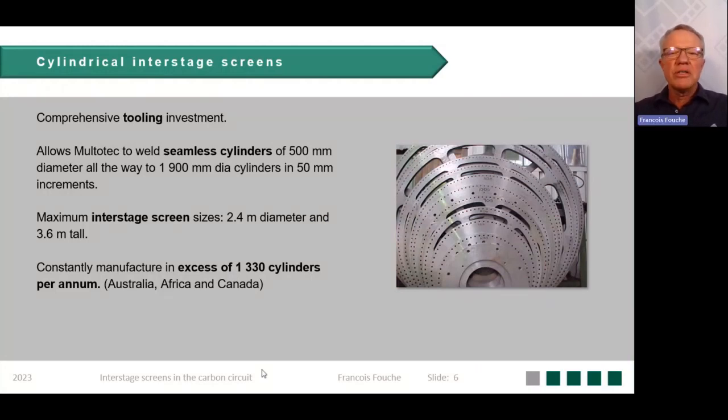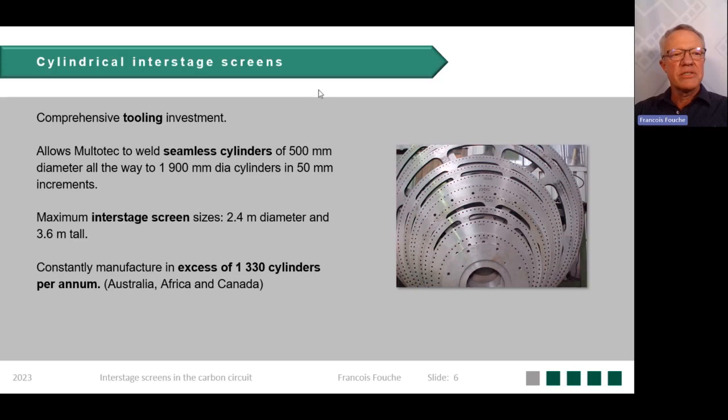In order to supply the market with a wide range of sizes, calls for a comprehensive investment in tooling. And we're able to weld these cylinders in sizes ranging from 0.5 meter diameter all the way up to 1.9 meters in diameter, and we can do so in 50 millimeter increments.